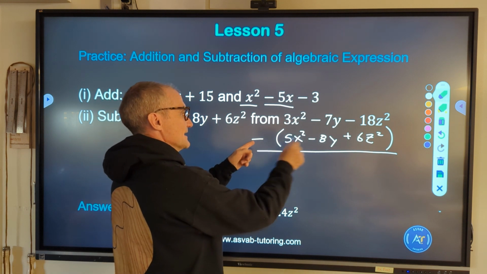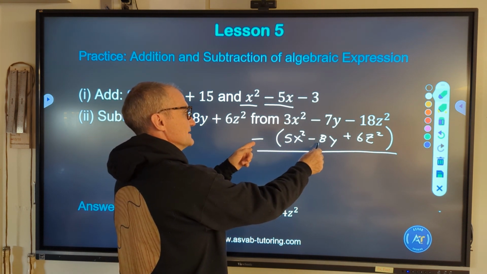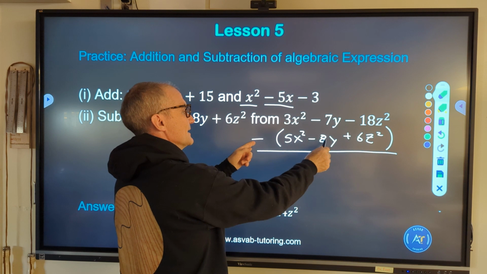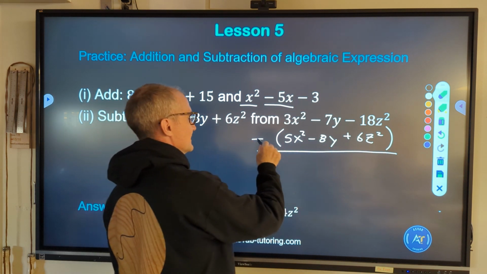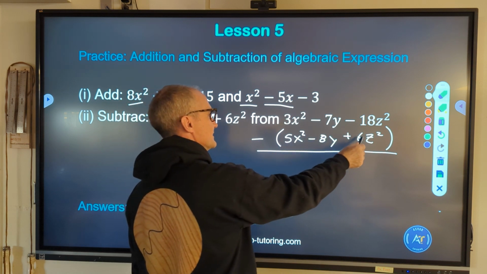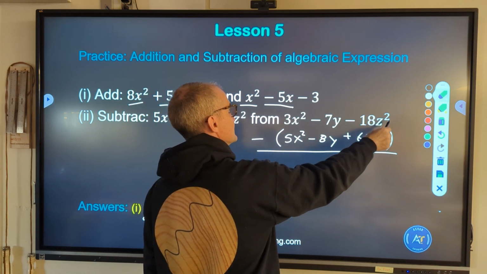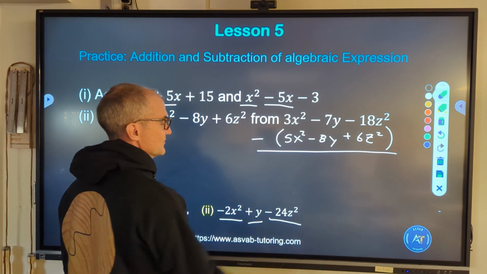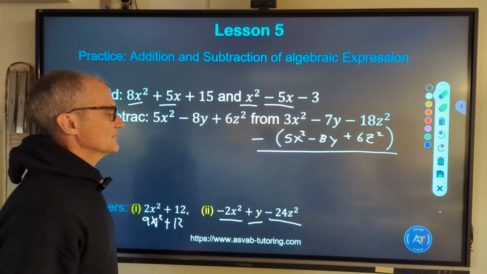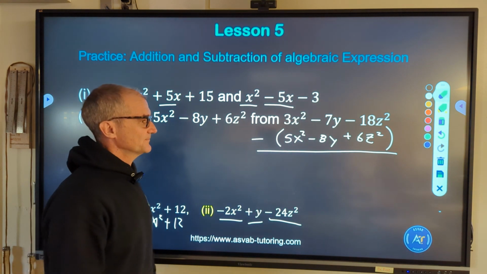Now I got to take that negative times that negative to make it positive. So negative 7y plus 8y is 1y. And I got to distribute that negative to this quantity. Negative 18z squared minus 6z squared is negative 24z squared. Remember, you can only combine similar terms.